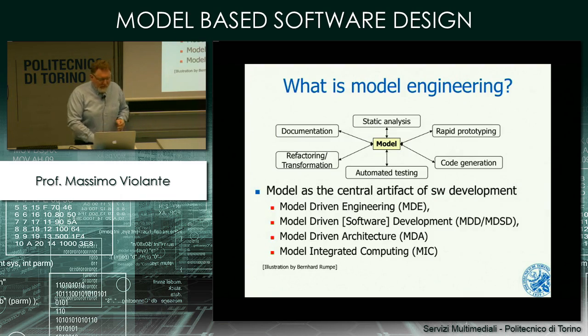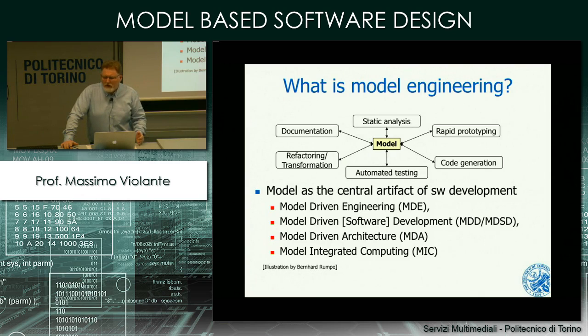So we said that the model is an abstraction of the reality. As a result of this, we say that the model contains only some features of the overall system.